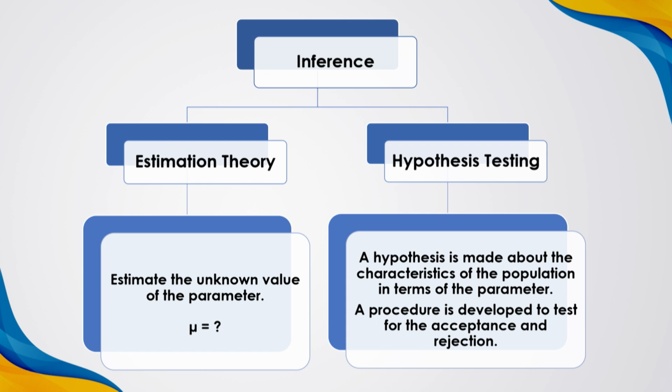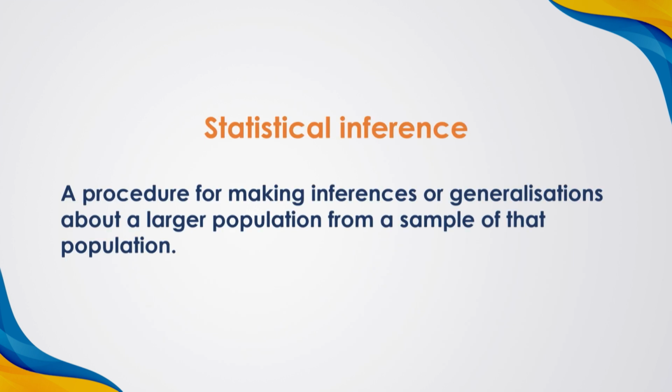In the hypothesis testing, a hypothesis is made about the characteristics of the population in terms of the parameter. A procedure is developed to test for the acceptance and rejection. Statistical inference. It is a procedure for making inferences or generalization about a larger population from a sample of that population.